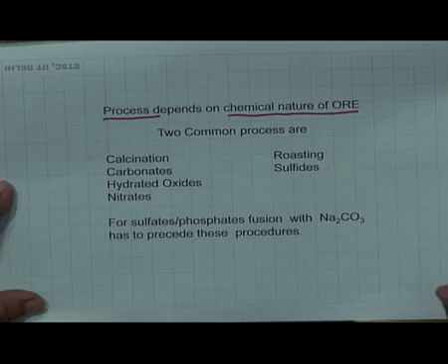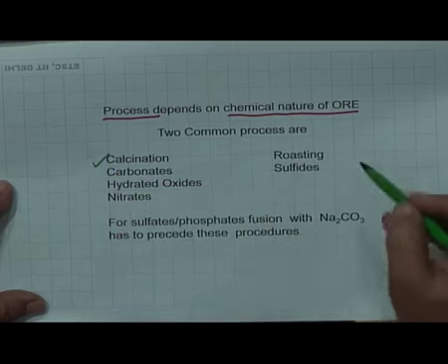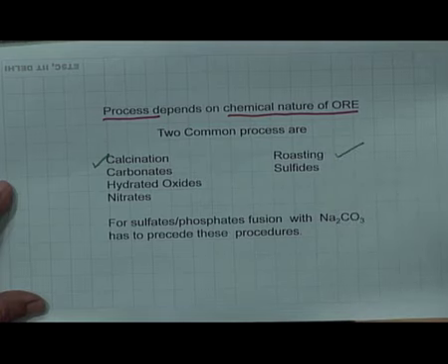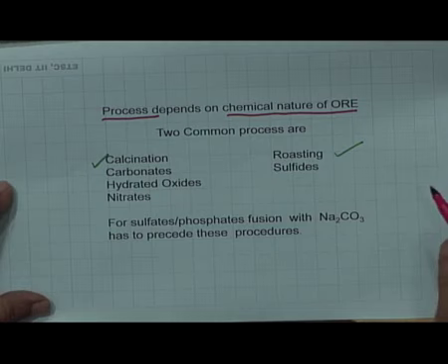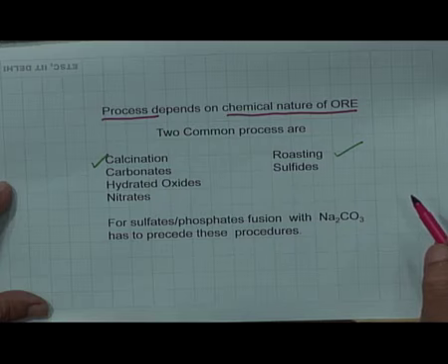Commonly there are two processes which are used. One is called calcination and another is called roasting. Generally, ores are available in the earth's crust in the form of carbonates, hydroxides, sometimes nitrates also, and largely in the form of sulphides.